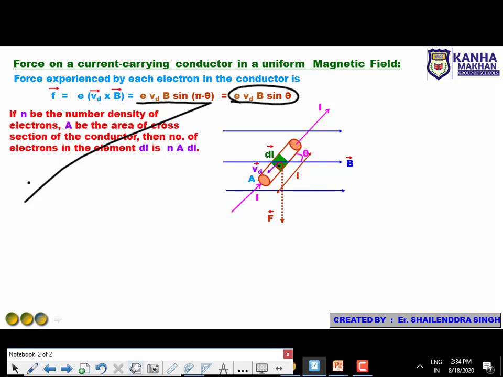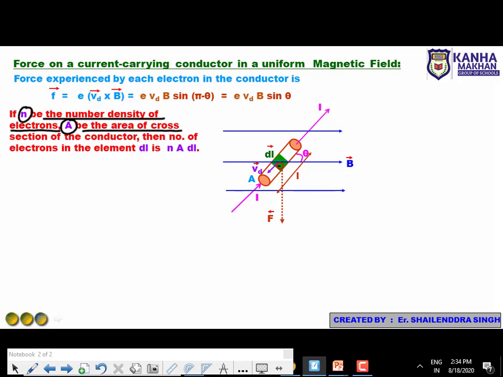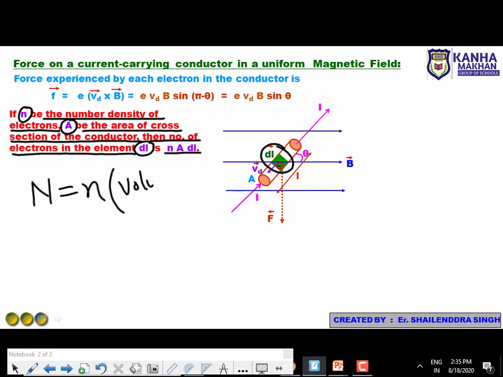Finally, small n is the number density of the electrons, and capital A is the area of cross section of the conductor. Then the number of electrons in the element dl is given as nAdl. How? The total number of electrons in that dl element is the number of electrons per unit volume, small n, multiplied by the volume of that dl element.